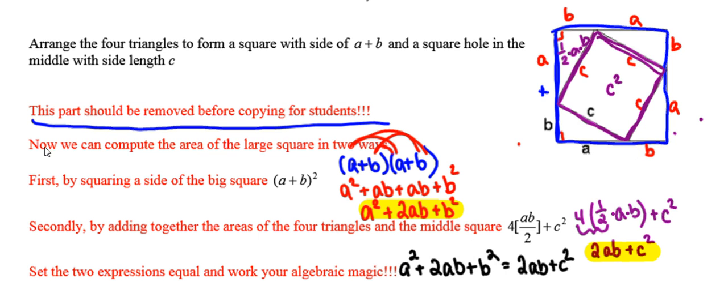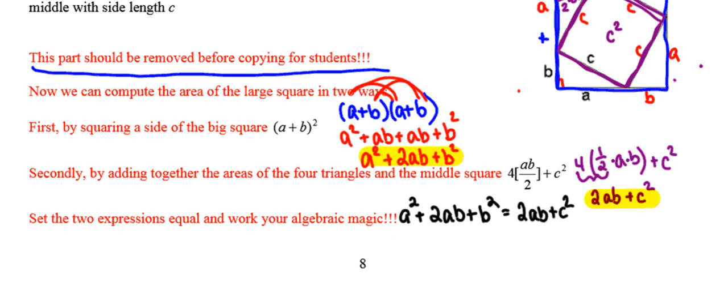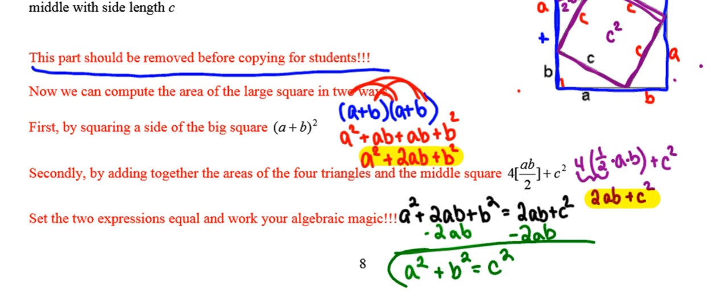If I subtract 2AB from both sides of my equation, we've got your old familiar Pythagorean theorem that you've known all along: A squared plus B squared equals C squared.